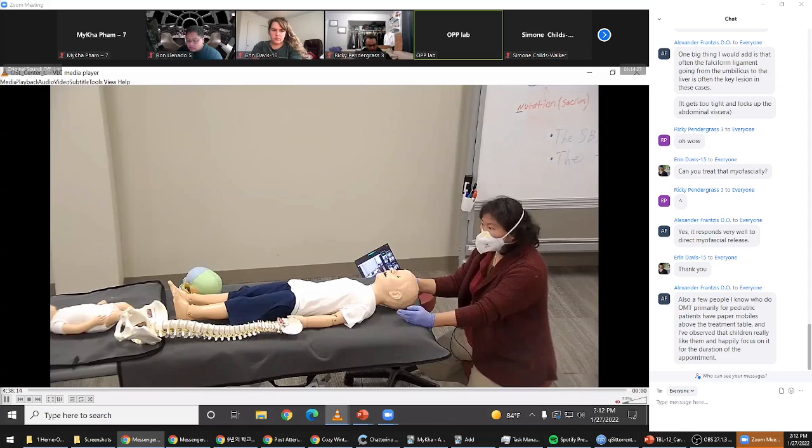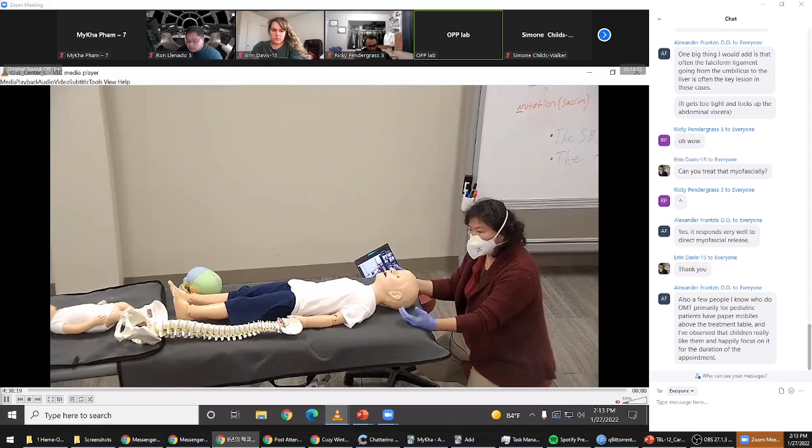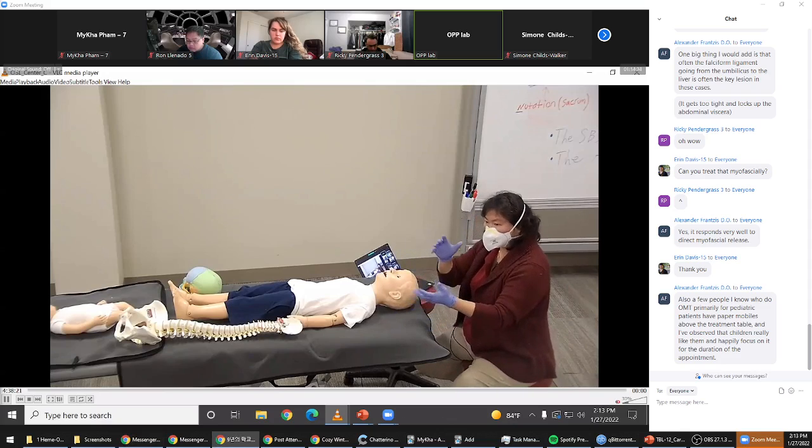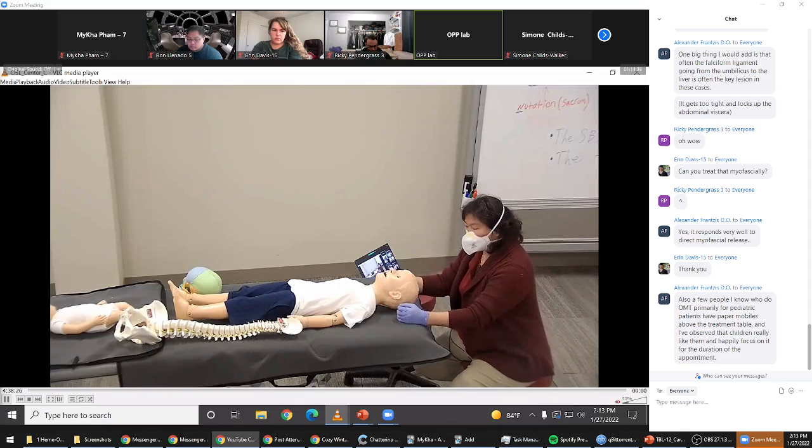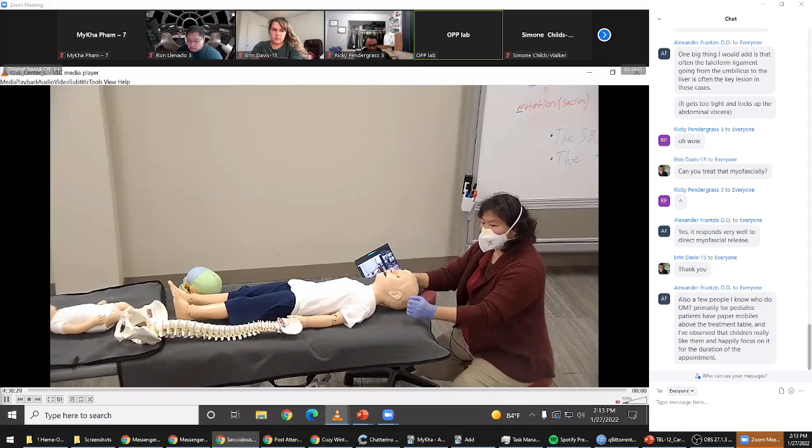If the parent or a caregiver needs to actually hold the child because the child's closer to the infant stage, learning how to treat that infant or young child in the caregiver's lap, either facing you, on the side, or where you're working on their back, those are all important things because the caregiver can hold them, not to restrain, but to comfort.